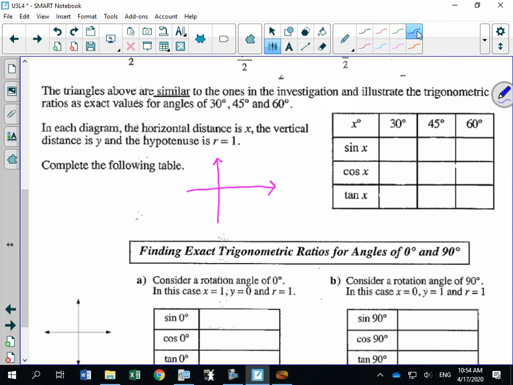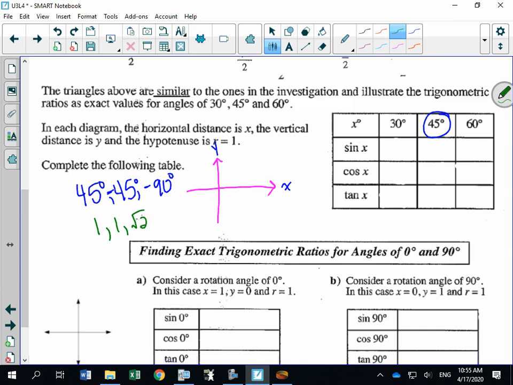right? So let's see how you guys understood the first part of this video. So let's draw our 45-degree triangle. So remember 45, 45, 90, right? That was our isosceles. And what I told you, the only thing you have to memorize for this is 1, 1, root 2.